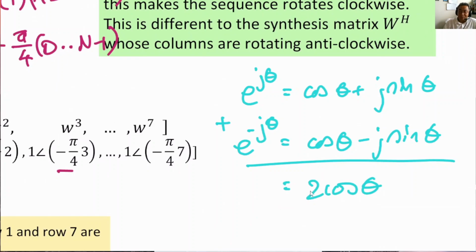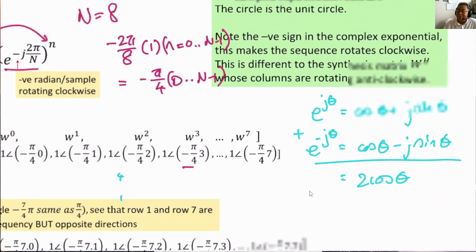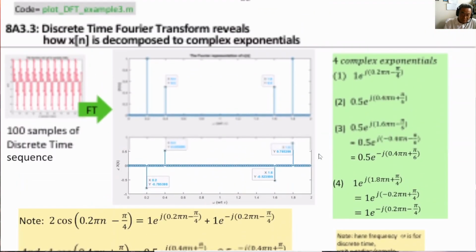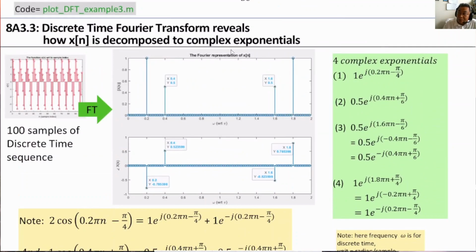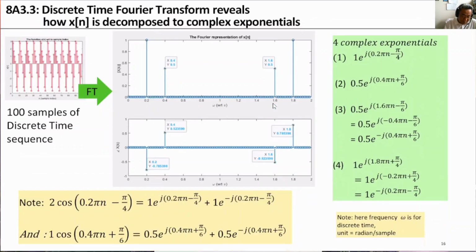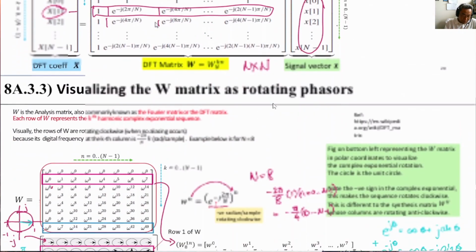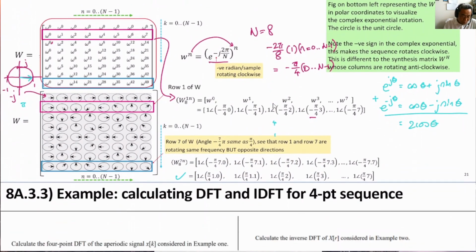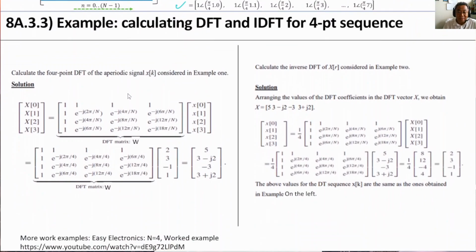And this is why in our previous examples, if you go through them, we're adding this guy with his complex conjugate to get the cosine. This guy plus this guy, complex conjugate, to get the cosine at different frequency. So with that, in the next slide, we'll show you one final example of how to calculate the DFT. Thank you.